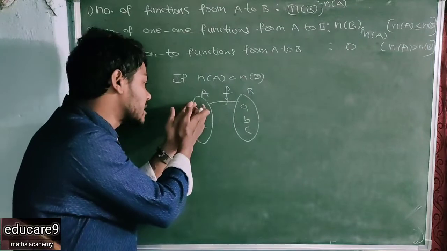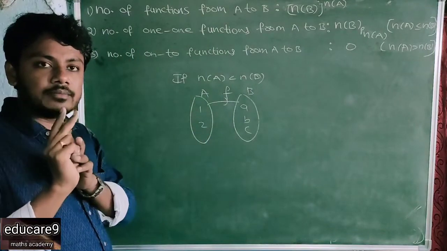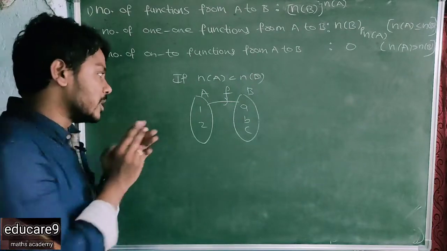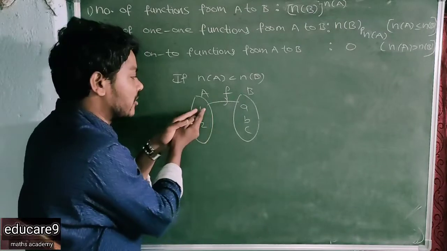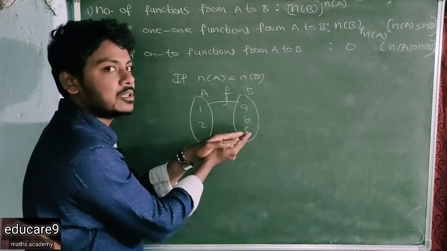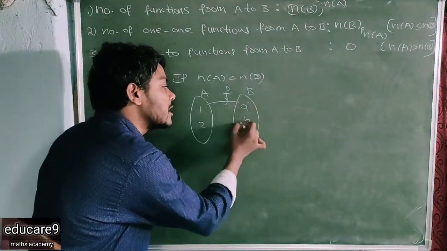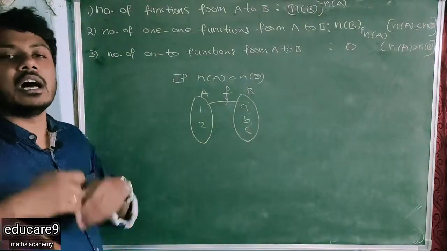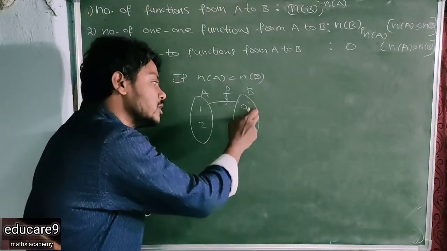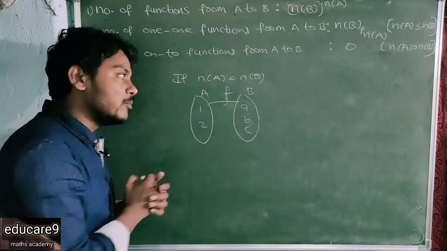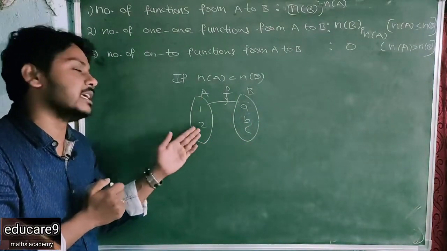So clearly there are only 2 chances at a time. Either 1 is mapped to A and 2 is mapped to B, or 1 is mapped to B and 2 is mapped to C. So clearly only 2 elements are mapped in all situations. But C is not mapped at the same time because the number of elements in A is 2.